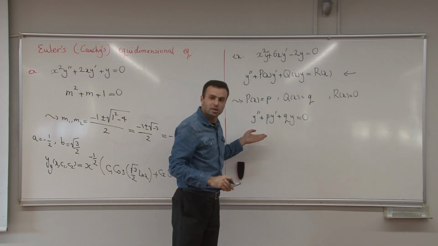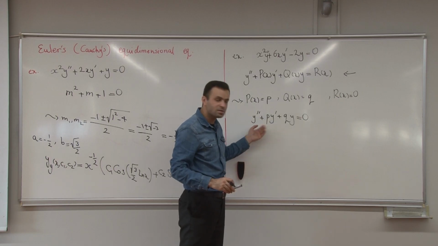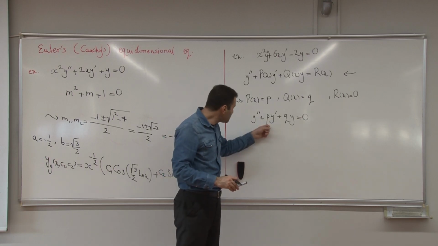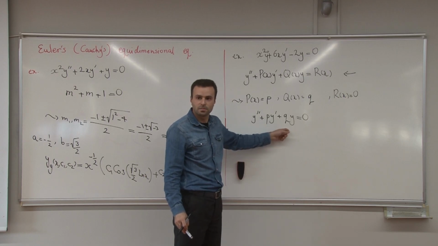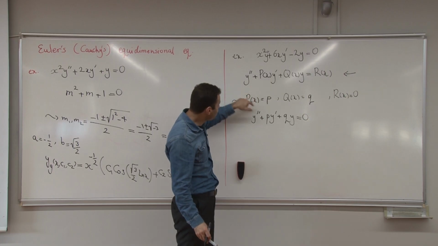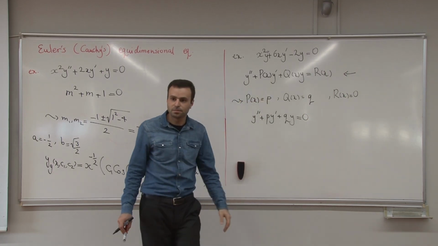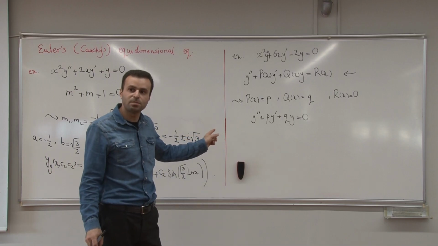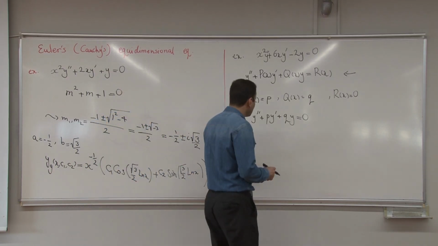What is this? The general case of a second order linear homogeneous equation with constant coefficients. What is p here? What is q here? They are just constant numbers, special cases of these functions. They are not changing as x changes, they are just constants. Does it solve your problem regarding the small p and capital P? Good?